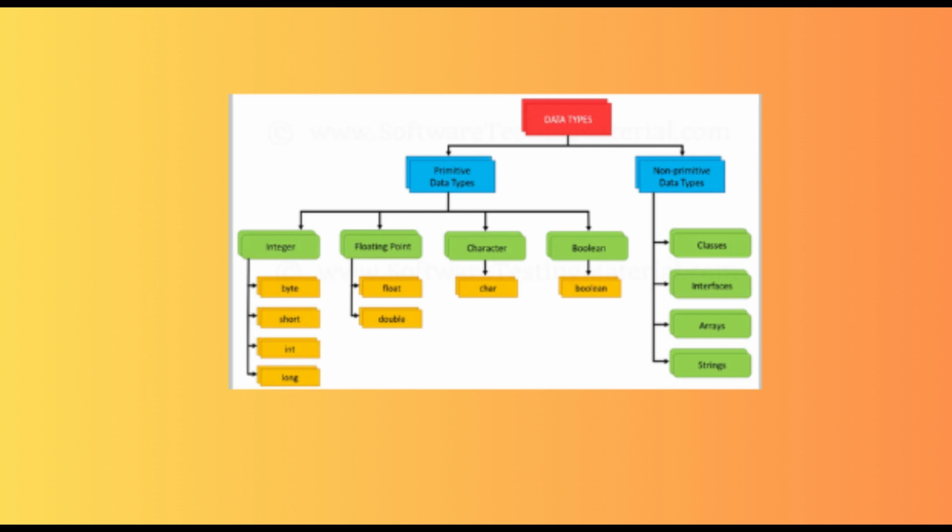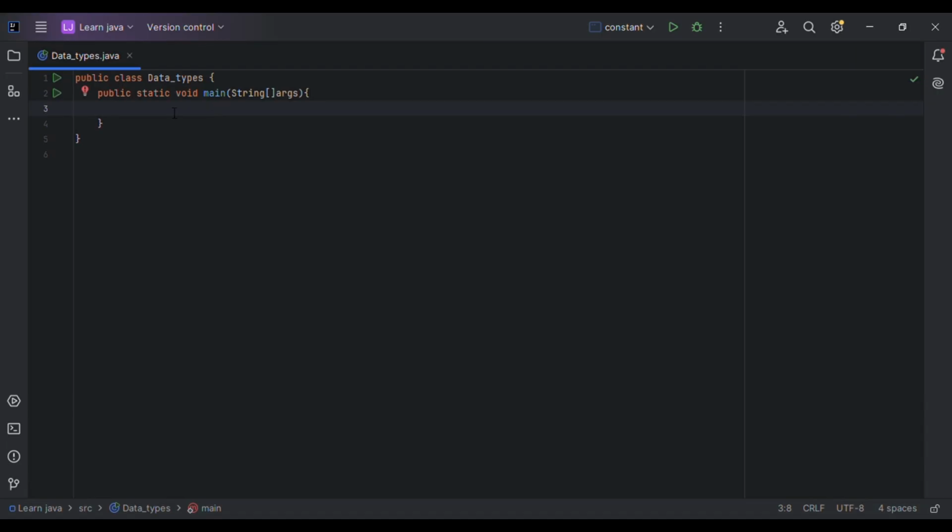So if we say that it stores 16 bits or 2 bytes, it's the same thing in memory. Now let's practically implement the char data type and observe how it works. So char stores a single character and it is always written as a single character inside single quotes.